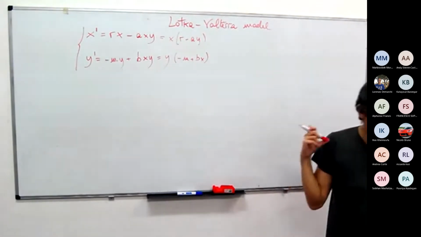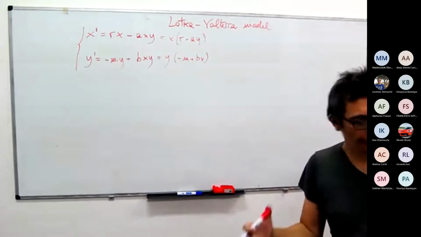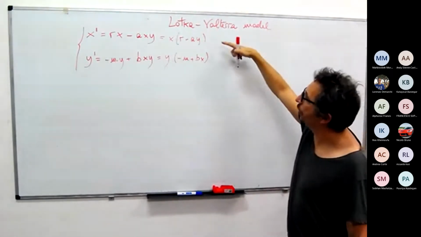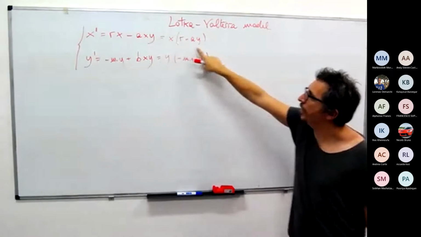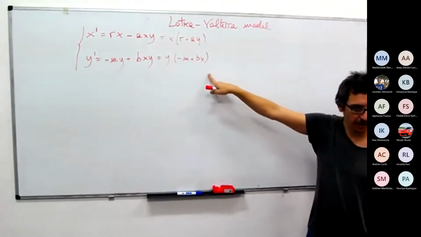Now, what I have to do is to find the critical points, the equilibria of the system. The critical points of the system are given by this thing equal to 0 and this other thing equal to 0.